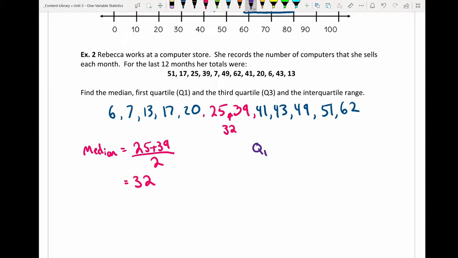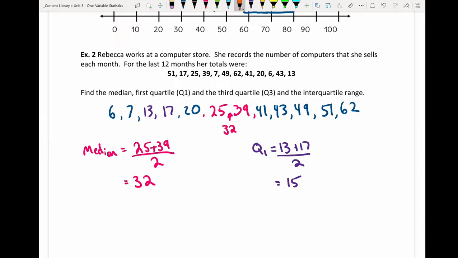What I have to do is count to the middle number, and because I have an even number, 6, so 1, 2, 3, 4, 5, 6, I'm going to look at my two middle numbers. So the 13 and the 17. Those are my two middle numbers. So 13 plus 17 divided by 2 equals 15.